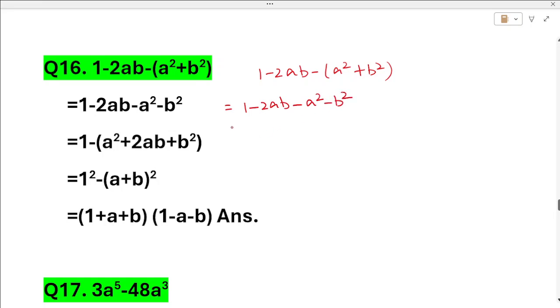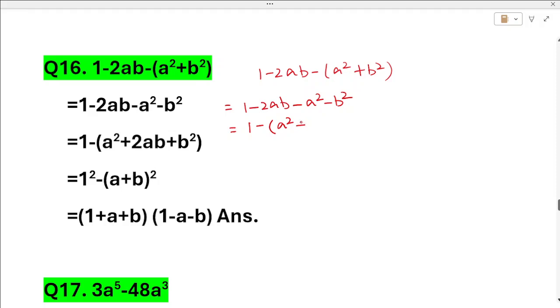I could have done it in one step, but for your understanding I am doing these steps. So first of all I have opened the bracket. Now in the second step, take minus common out and combine all those terms.